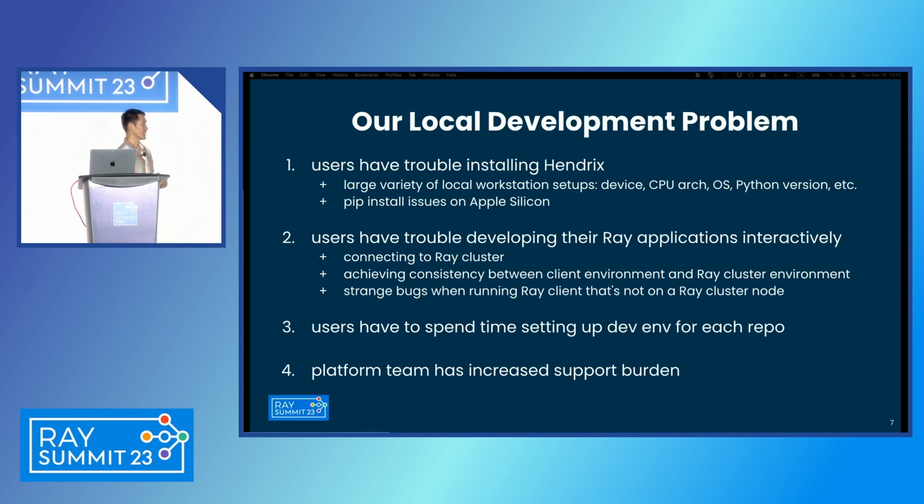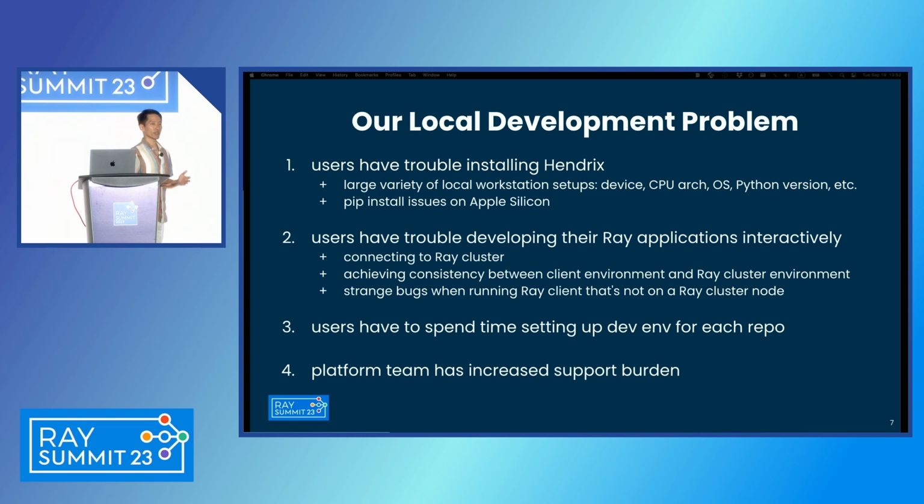And users also have to spend time setting up their development environment for each repo. Spotify is not a mono-repo company, it's multi-repo, microservices, so a lot of times users have to switch between different repos, and each repo might have different setup or different configuration, a new PyEnv environment for each one, different pip requirements files.